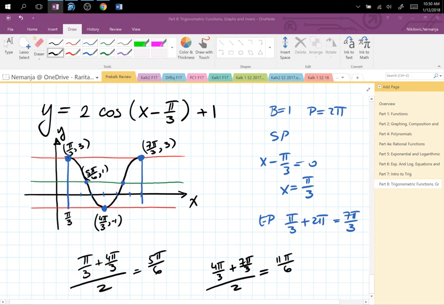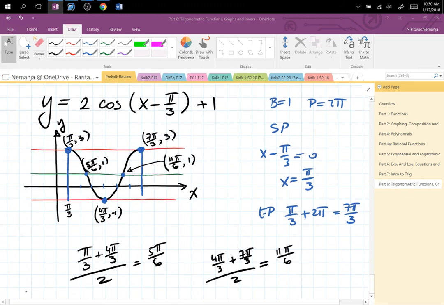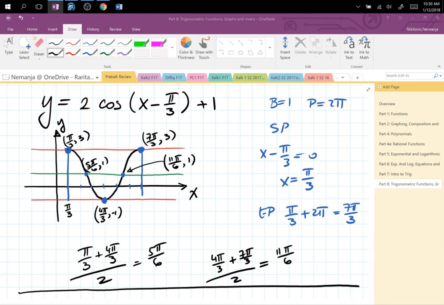So the second point over there is 11 pi over 6 comma 1. And that takes care of a cosine graph. Same rules, same steps, same everything. You have to be careful where you draw your cosine.